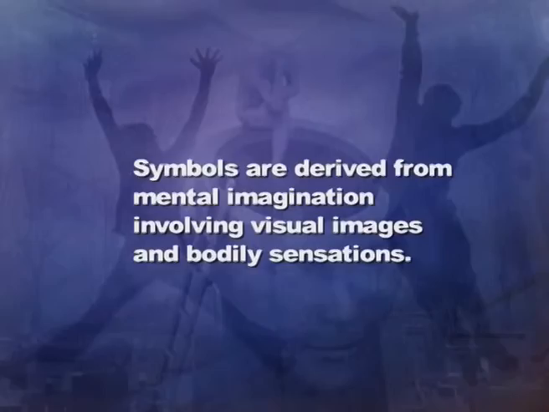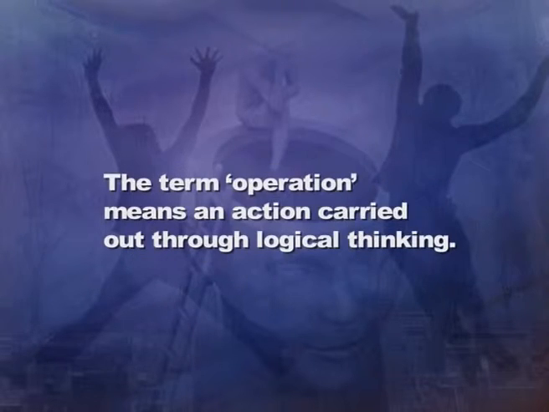They gain a lot of information and they try to interpret it by understanding the language, which is otherwise abstract, that is, they try to make sense out of the various symbols. Symbols are derived from mental imagination involving visual images and bodily sensations. The term operation means an action carried out through logical thinking.